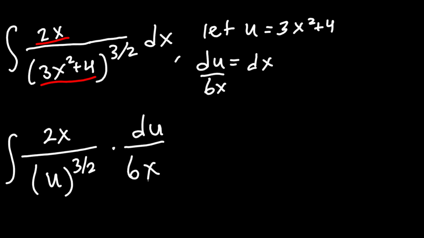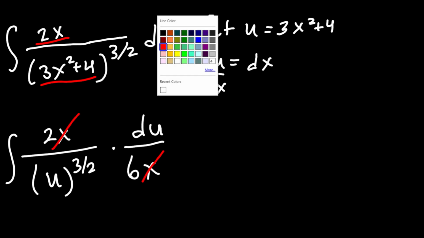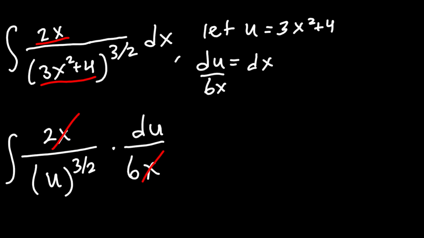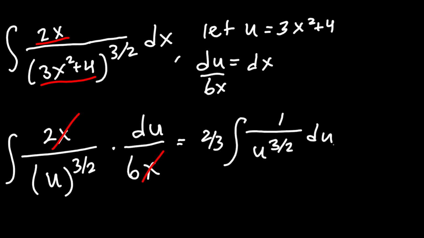Now, as you can see, we have an x and an x canceling here in the problem. That gets rid of all of the x's. So now all we're left with is, I guess technically, 2/6, which is 1/3, of the integral of 1 over u to the 3 halves du.